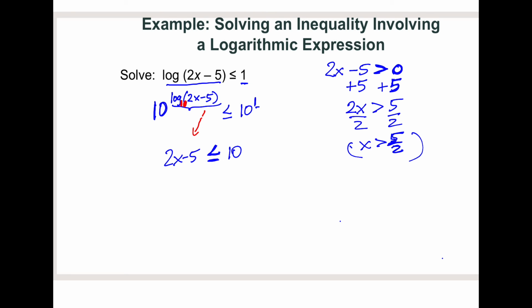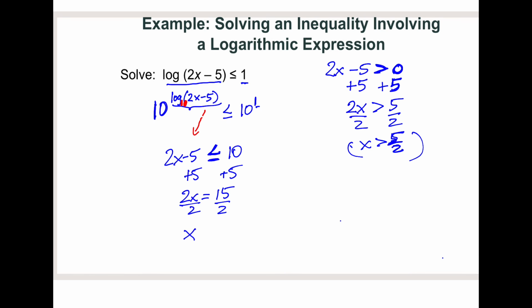And I'm just left with this statement, which is a very simple inequality statement. If I add 5 to both sides, that gives me 2x is less than or equal to 15. And then divide by 2. We see that this is a less than or equal to. I haven't multiplied or divided by a negative. I just see that x has to be less than or equal to 15/2.